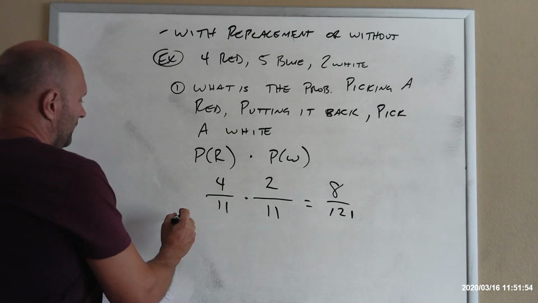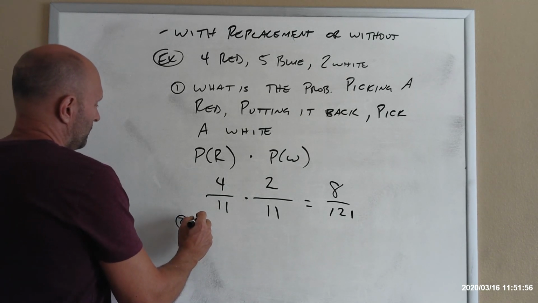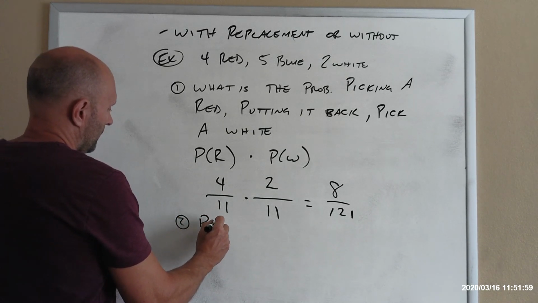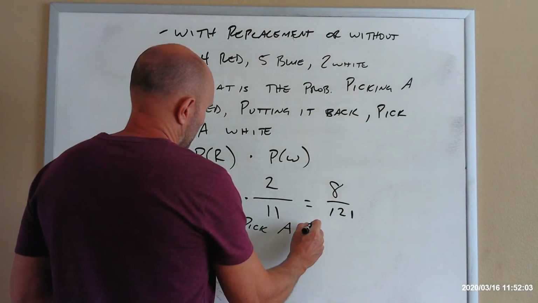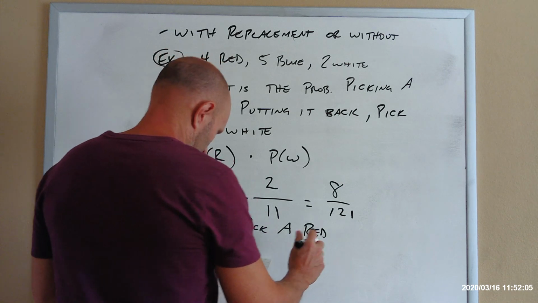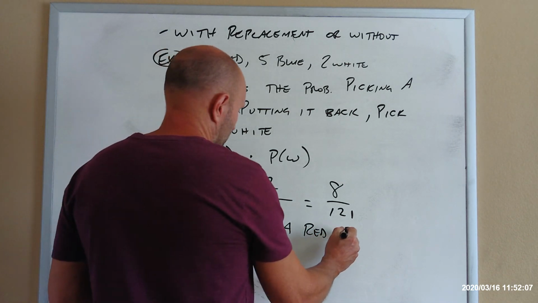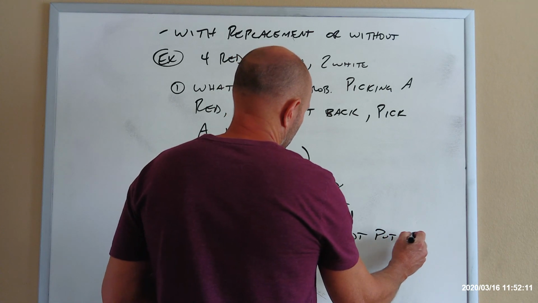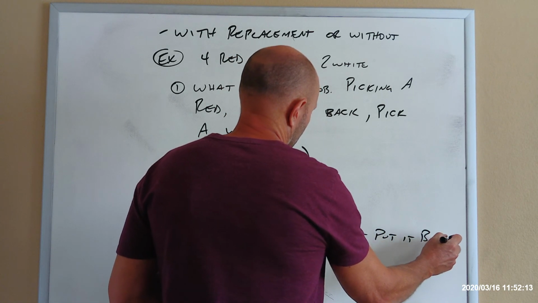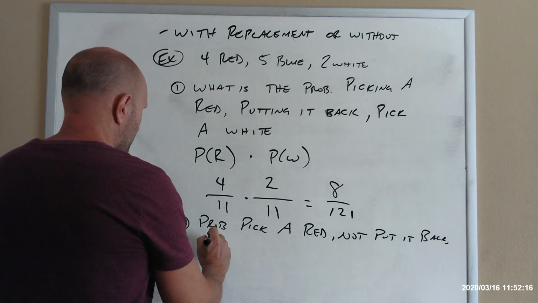Now, what if this said instead, what is the probability of picking a red? Don't replace it. So we're not going to put it back. Then pick a white.